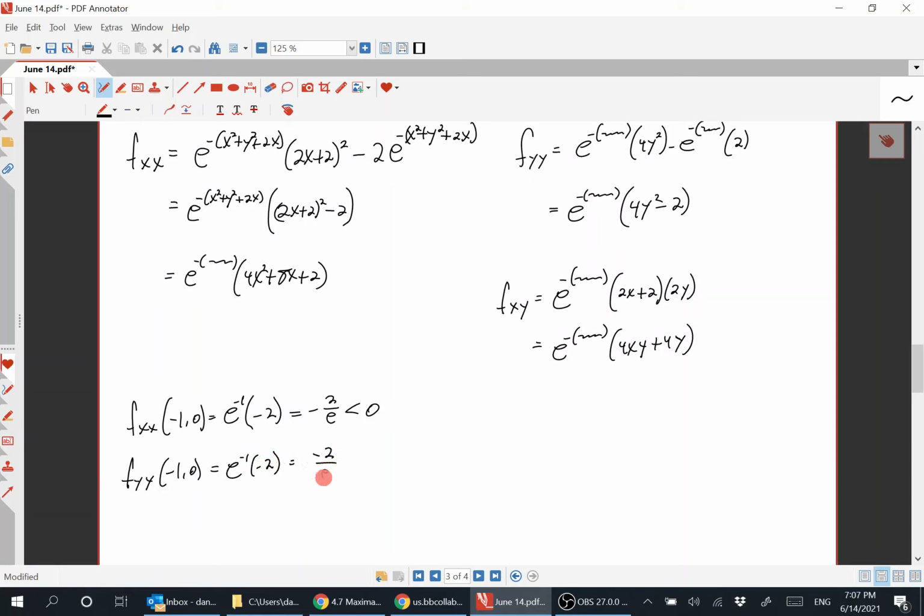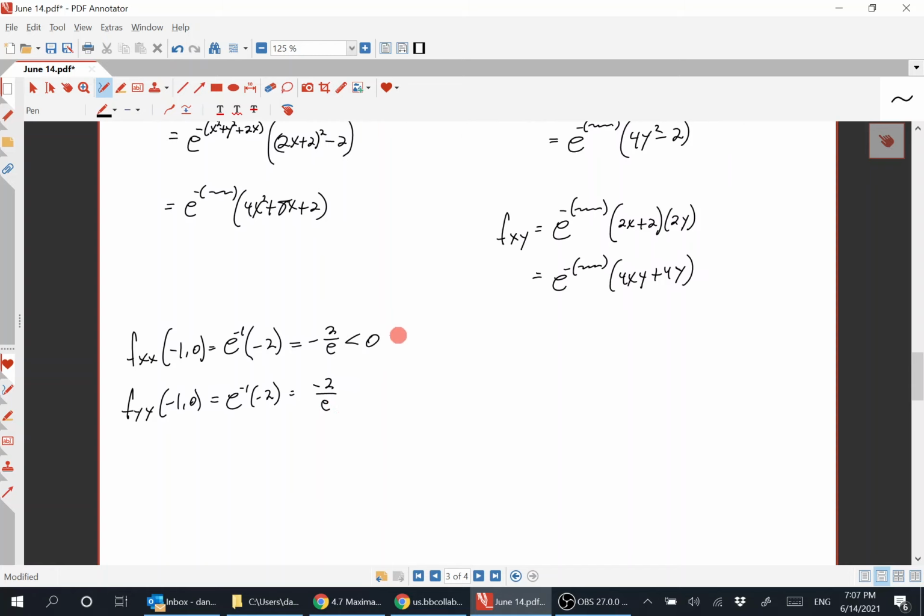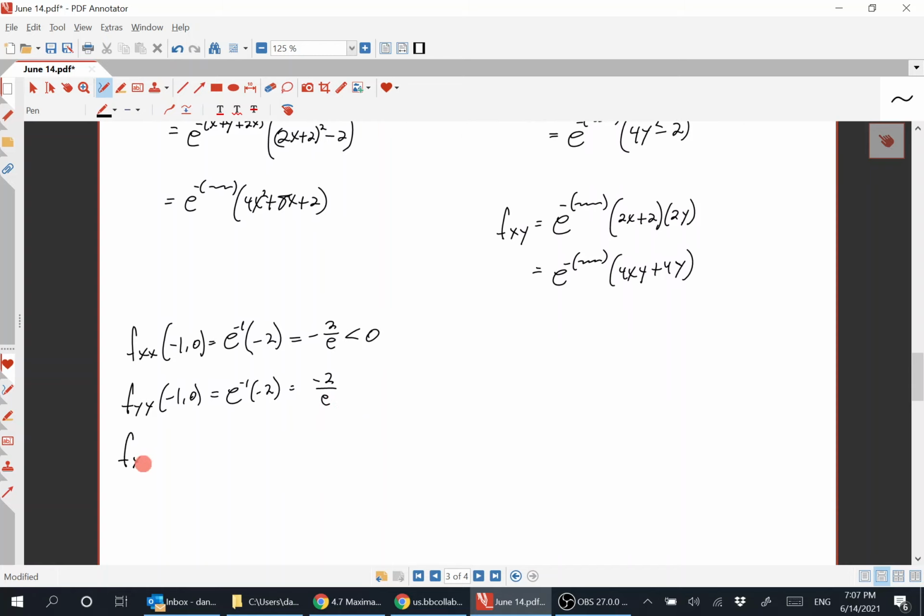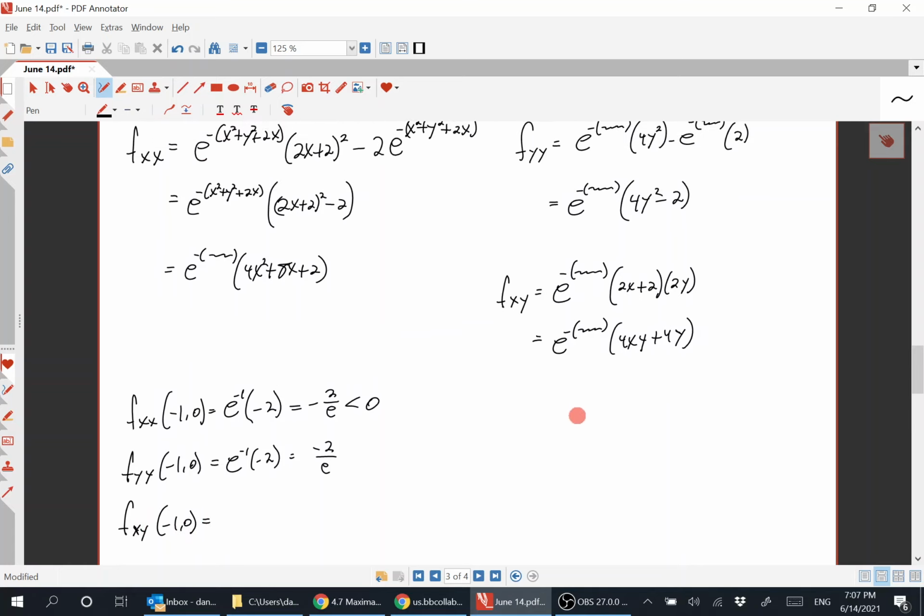So minus 2 over e again. And then the fxy at minus 1, 0. So this is 0. This is e to the negative 1 again, but right here, both terms have a y in them, so that's just 0.